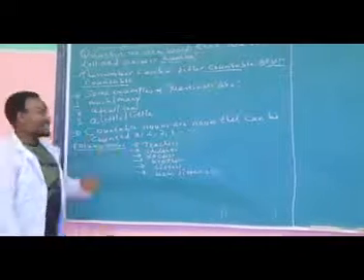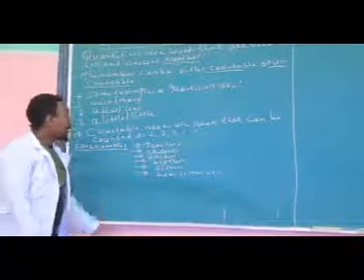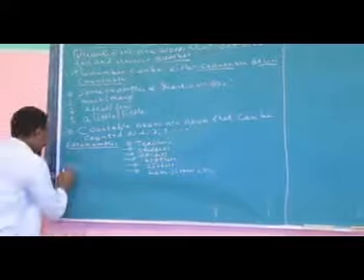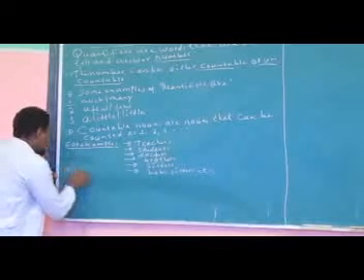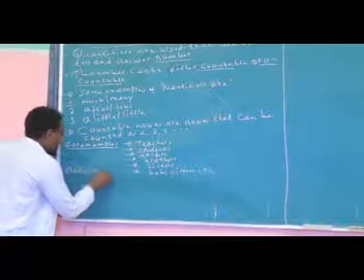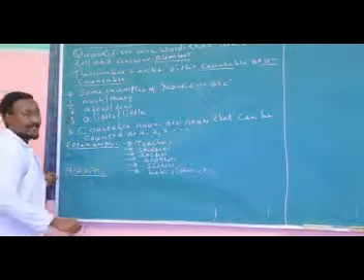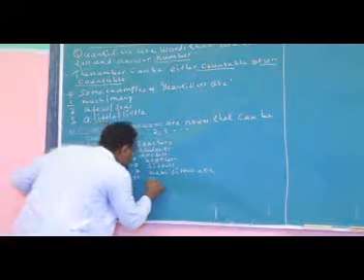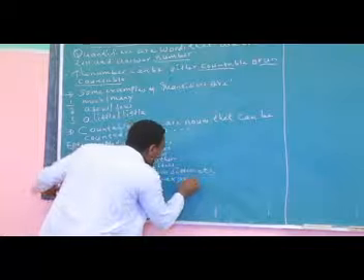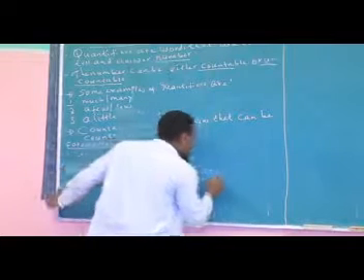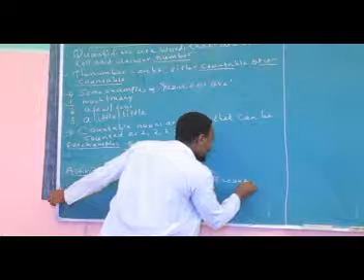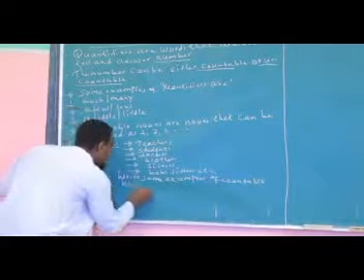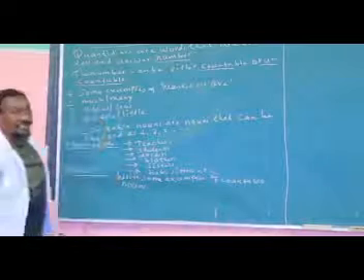For example, teachers, students, doctors, brothers, sisters, and babysitters. Now, let me give you an activity. Activity 1: write some examples of countable nouns. Don't forget to do this.